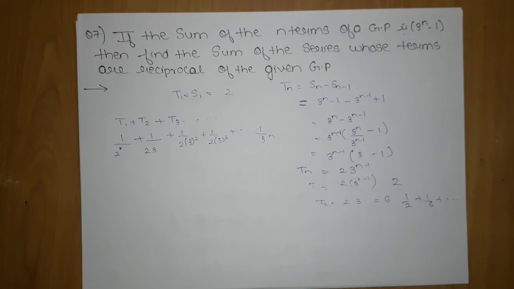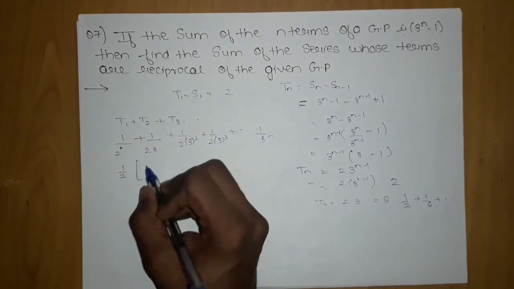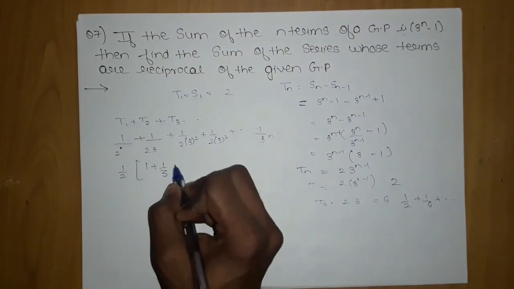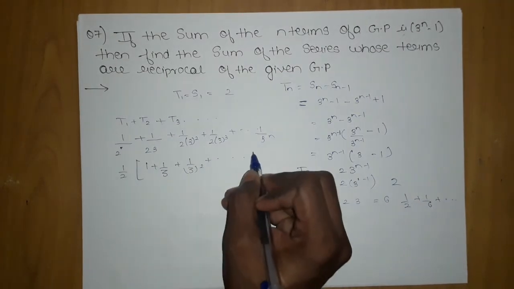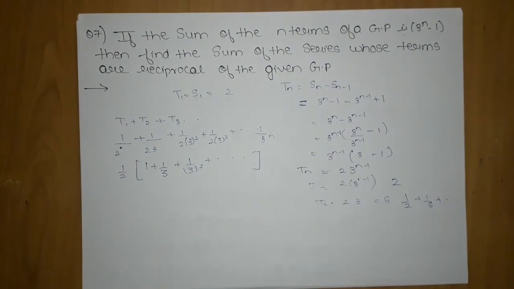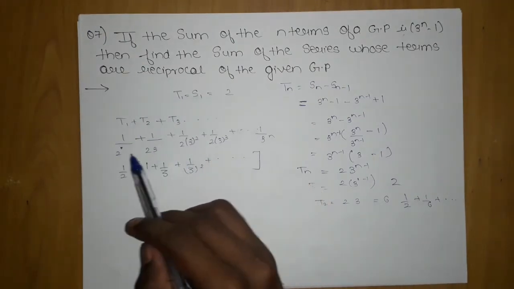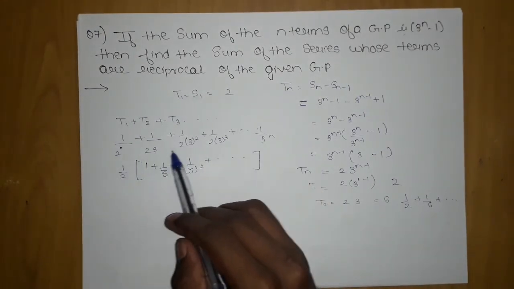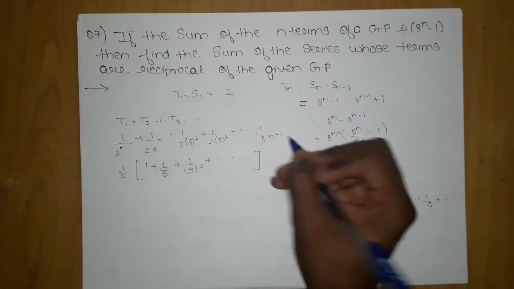After doing this, we can take 1 by 2 common from all of this. When I take 1 by 2 common, I have 1 plus 1 by 3 plus 1 by 3 square, and so on. The first term has power 0, the next power 1, and in general it will be 3 power n minus 1.